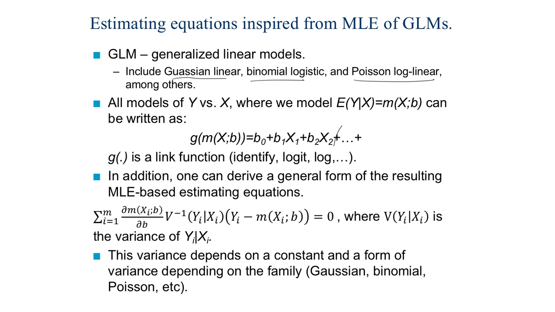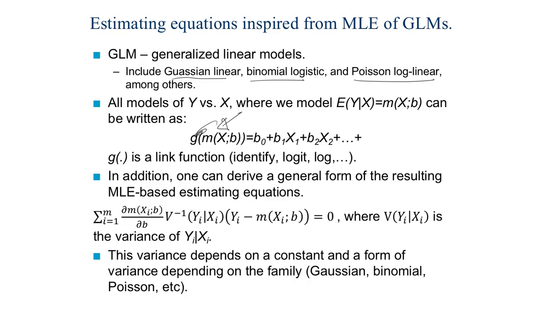Again, I did this early in the course, but the important thing is G here is some link function: either identity in the linear case, where I don't transform the linear part at all, logit in the logistic case, and log in the Poisson log linear case.